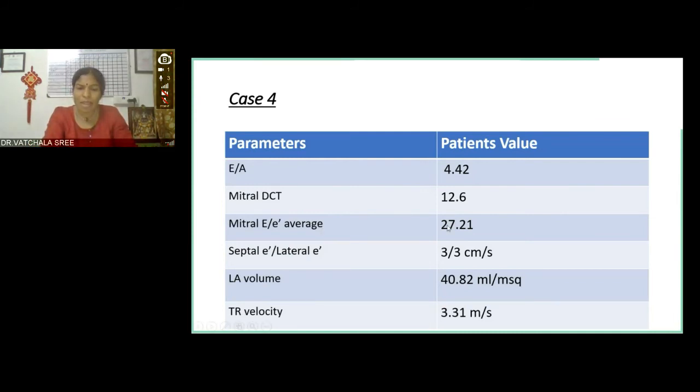If you have a patient with LV systolic dysfunction and his E by E dash average is less than 14, he's going to be your patient for long. If his E by E dash average is more than 14, unfortunately, his days are numbered.